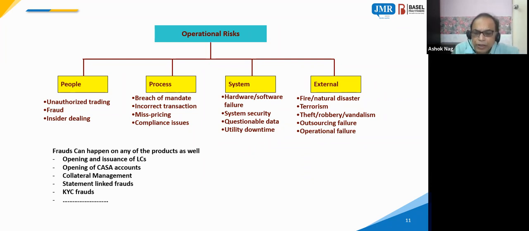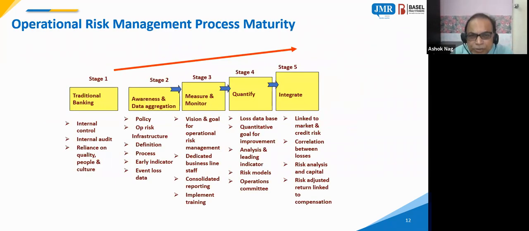So once you understand the sources of operational risk, you have to see the operational risk process management maturity. What does it mean? Most banks have started taking operational risk seriously, but creating a framework within the bank and implementing it consistently is a very new phenomenon.